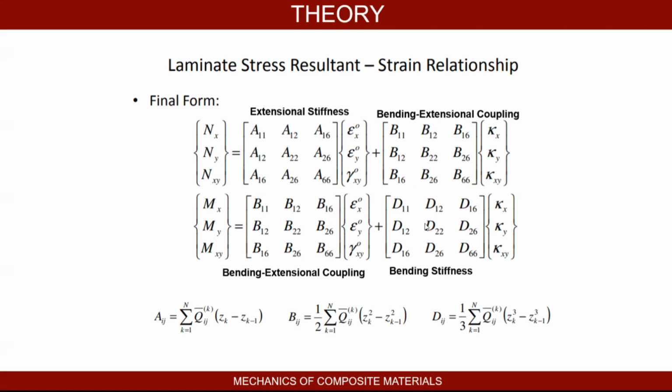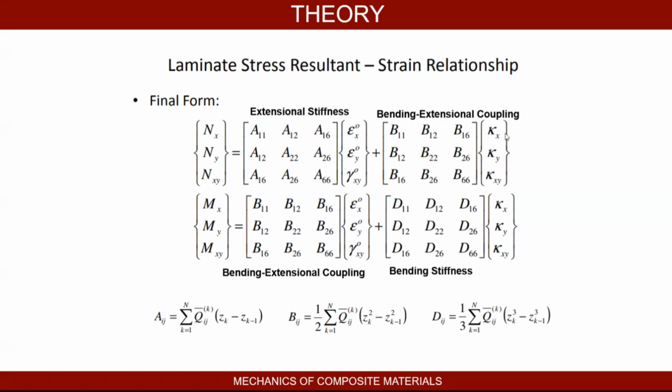Then D is referred to as the bending stiffness matrix, and it relates plate curvatures to bending moments. So one thing to cover in more detail is your midplane strains, like axial extension in the longitudinal or transverse direction, and then you have curvatures. So under moment, your plate will develop a curvature.